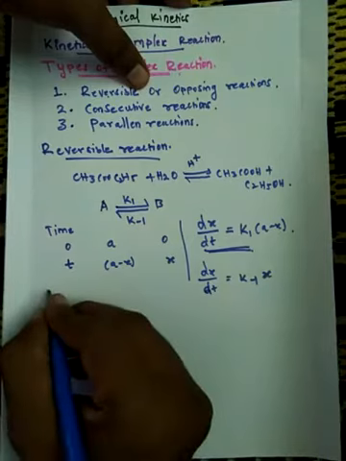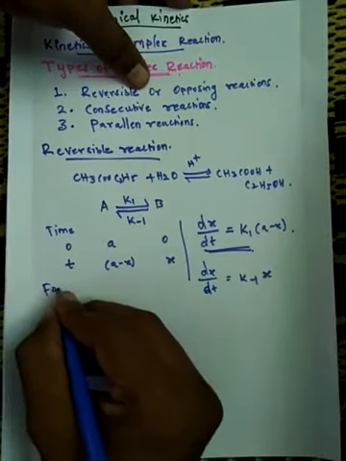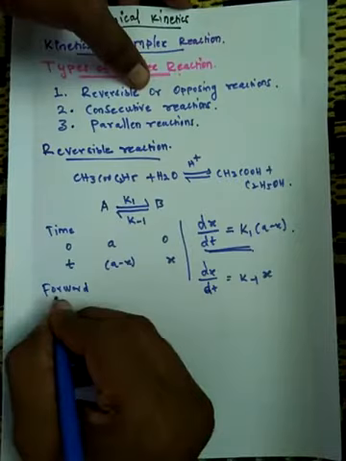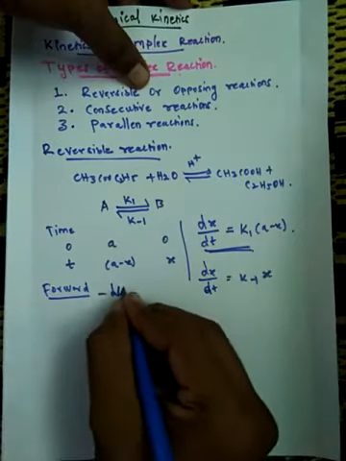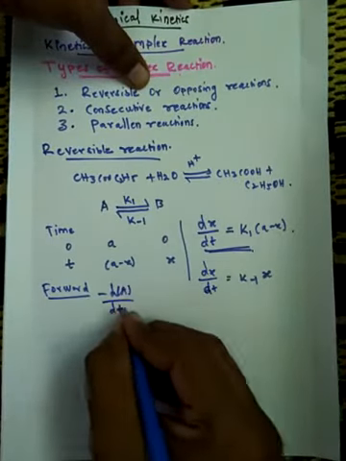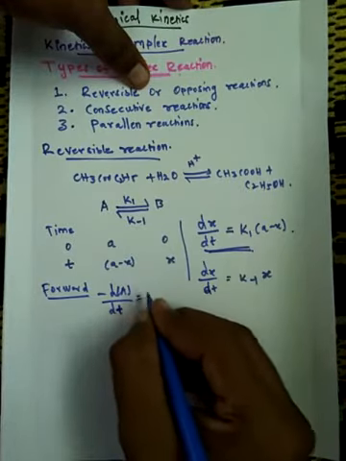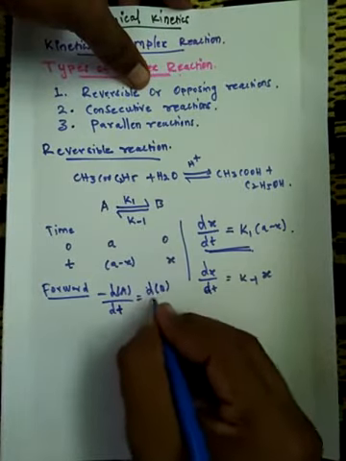See, the rate of forward reaction is dA by dt equal to dB by dt.